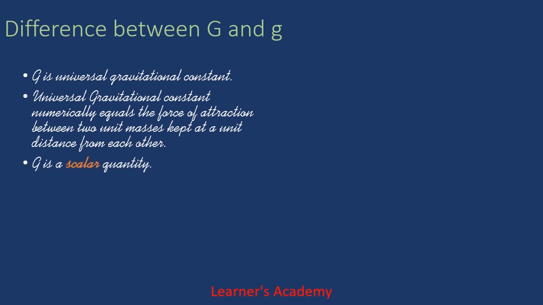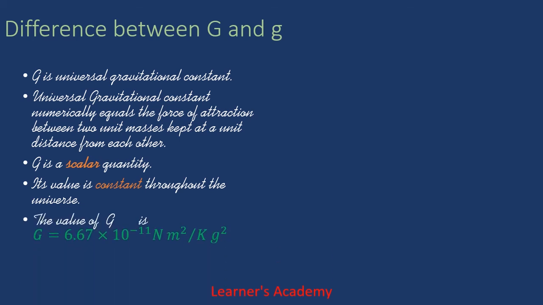Third point is that capital G is a scalar quantity, and next is its value is constant throughout the universe because it is a constant value. All right, it is not going to change because of any other external forces. Now the value of G is calculated as 6.67 into 10 to the power minus 11 Newton meter square per kg square. All right, the SI unit of universal gravitational constant is already given in the previous point, but I'm again writing it for you, Newton meter square per kg square.